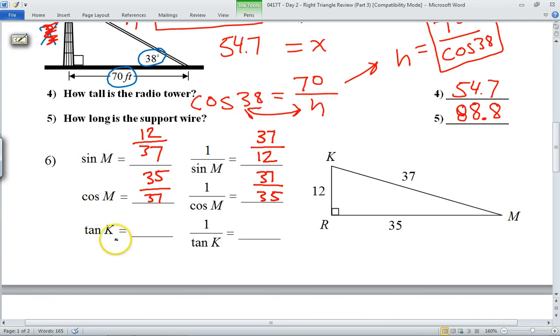One more, tangent of k. Here's k. Tangent is opposite over adjacent. So looking at k, that's 35 over 12. So of course 1 over tangent k is just going to be the reciprocal, which will be 12 over 35. Keep that in mind. We're definitely going to need that later.